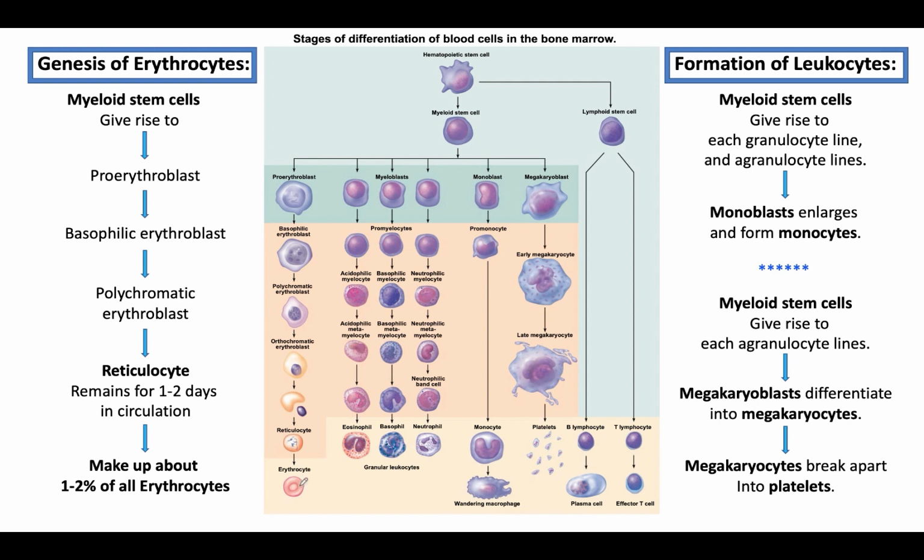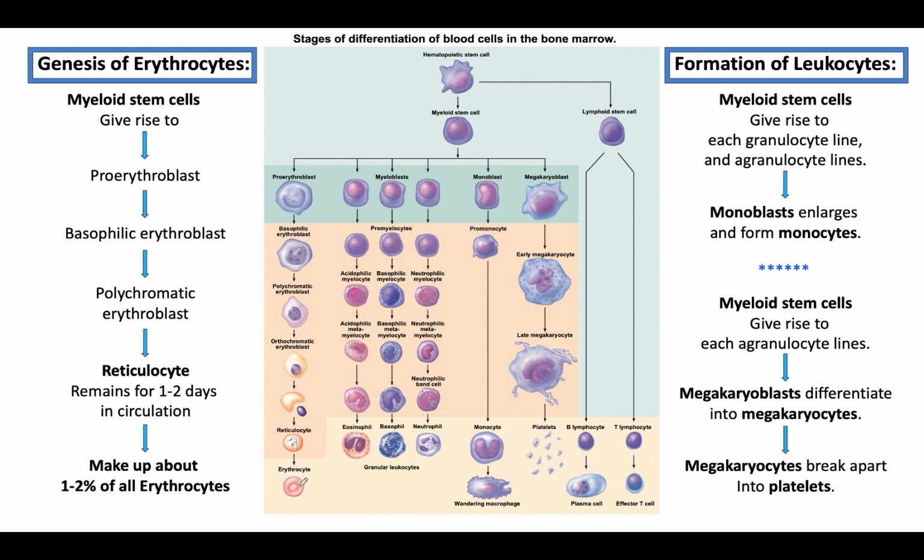Let's look at red blood cell. This is the process of genesis of red blood cell. Red blood cells are unable to divide, unable to grow, or unable to synthesize proteins.